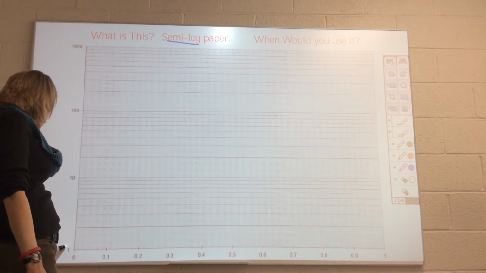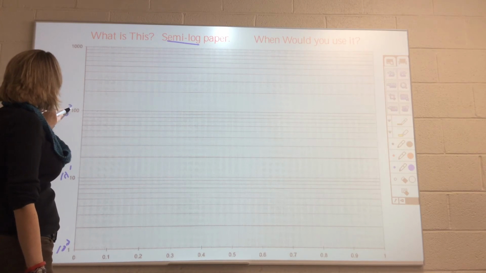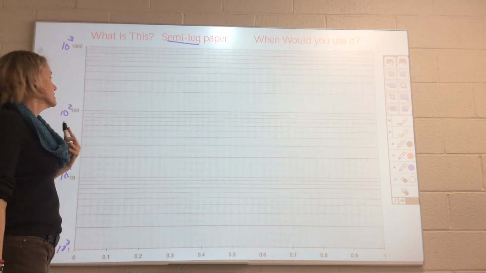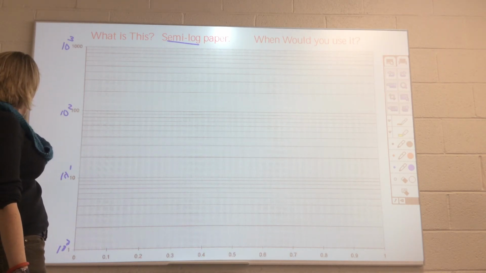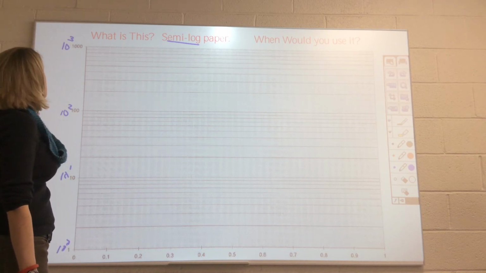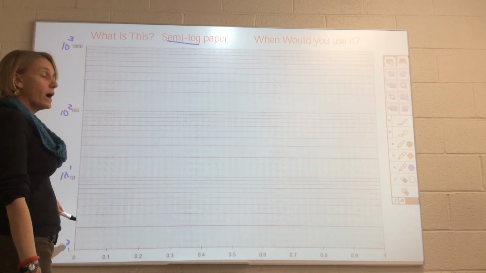So this is 10 to the 0, 10 to the 1, 10 to the 2, 10 to the 3. We can also think of these as log units, because if you take the log of all these, you get 1, 2, 3. So this is the log scale on the y-axis.